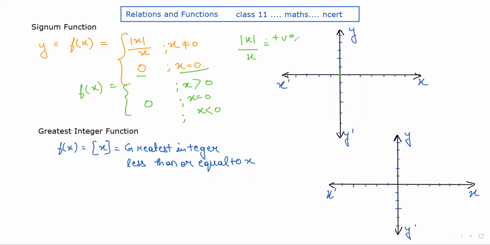So if you have a positive value in the numerator and a positive value in the denominator, your answer will also be positive. For x equal to 1, |1|/1 gives 1.